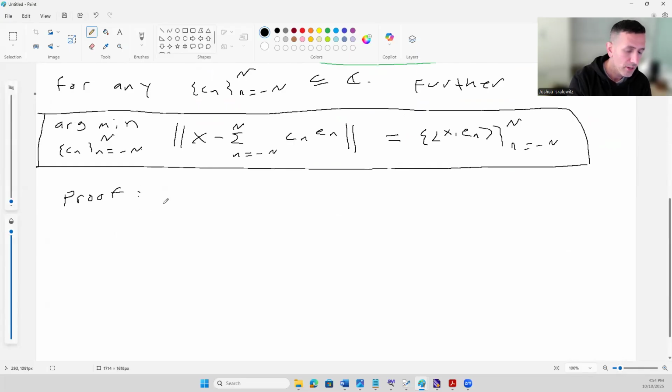So the proof is extremely simple. What I'm going to do is write this here in the following way. I'm going to add and subtract the partial Fourier sum.